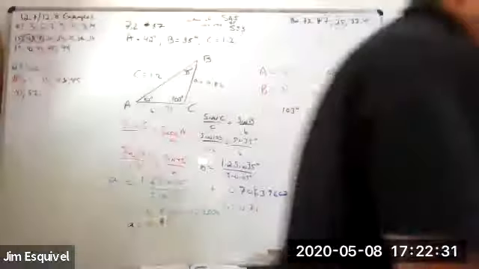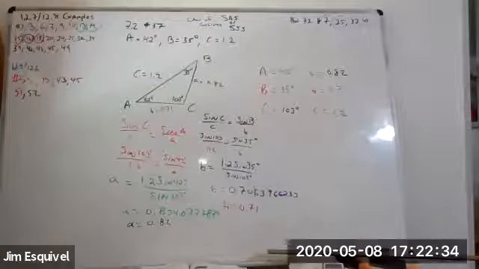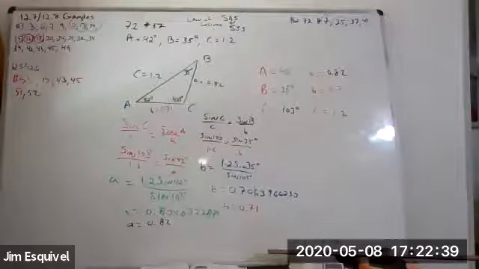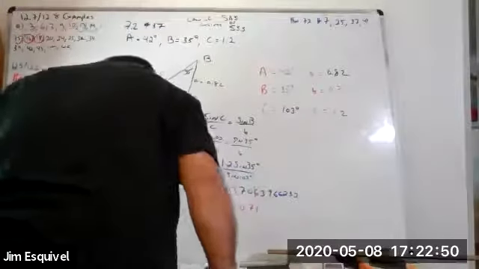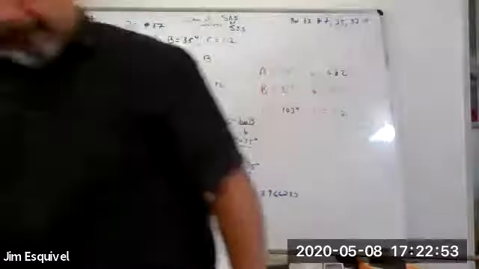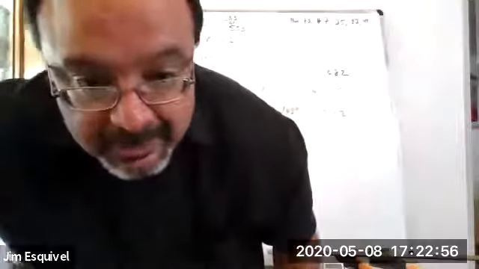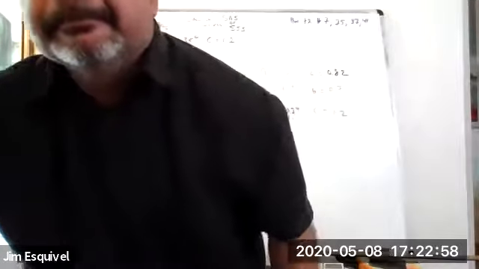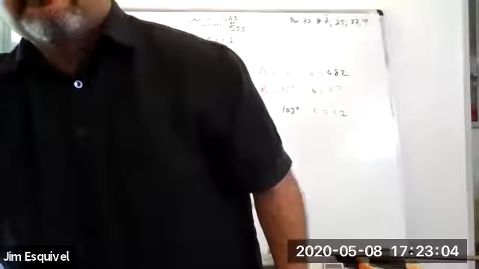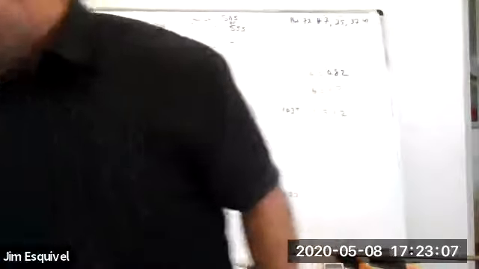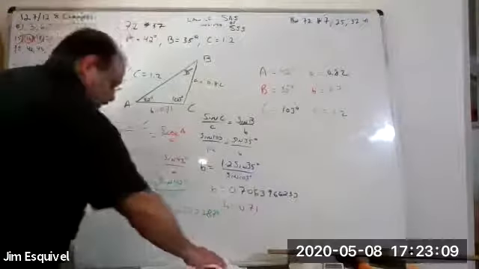Where's my page? Yeah, do you want to do 49? Okay, I see the chicken. Yep. Okay, 7.2, 49.